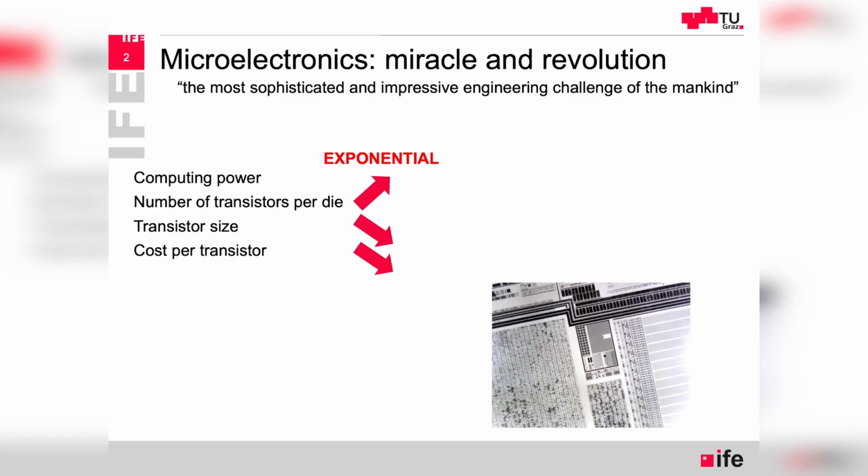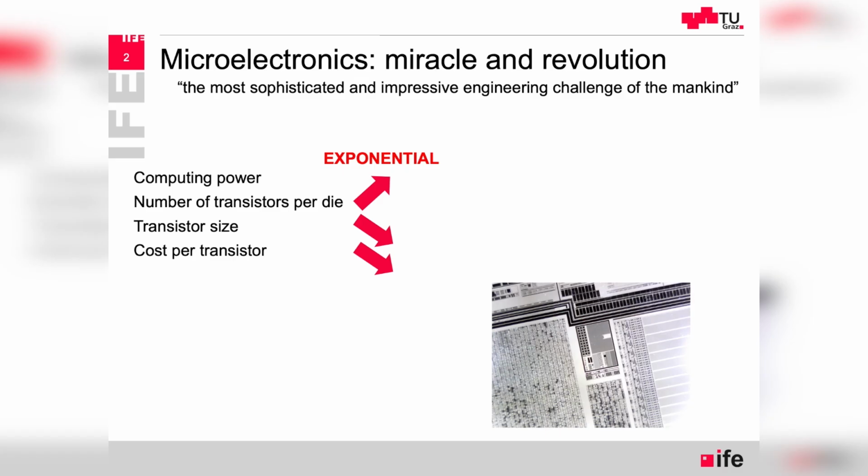exponential growth in microelectronics, where the computing power, thanks to the number of transistors per die, is exponentially increasing. The transistor size is decreasing, and thanks to that fact we can increase the number of transistors per die. And what follows is that the cost per transistor is exponentially decreasing.